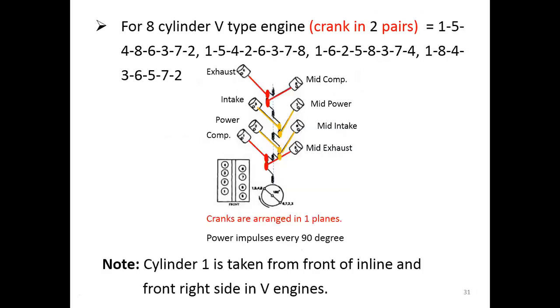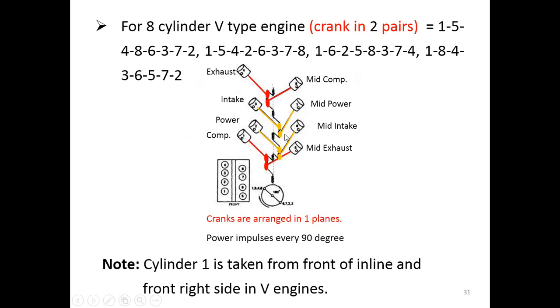This 8-cylinder is the inline. Another 8-cylinder is the V-type engine. For the V-type, we have 2 pairs of cranks, and these 2 pairs of cranks are all arranged in one plane. That means all of them are in the same plane.